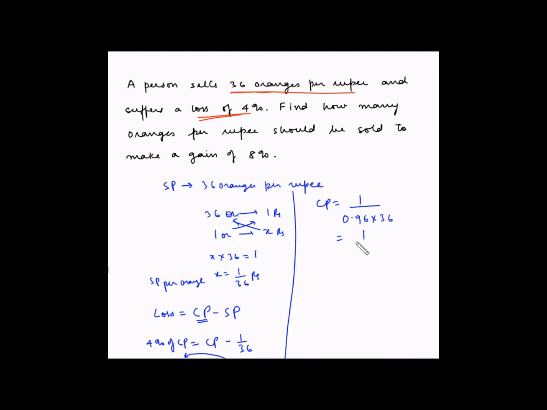So this is equal to 1 by 34.56. Now I am leaving it as this expression. I'm not dividing 1 by 34.56 to find the decimal points, because as you keep on doing the calculations and as you keep on truncating the decimal numbers, it becomes very inaccurate.